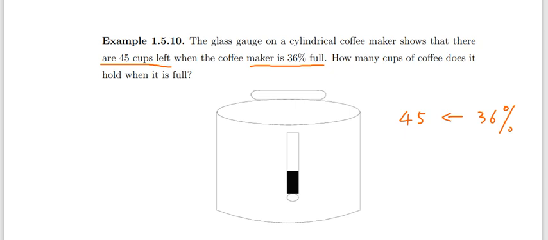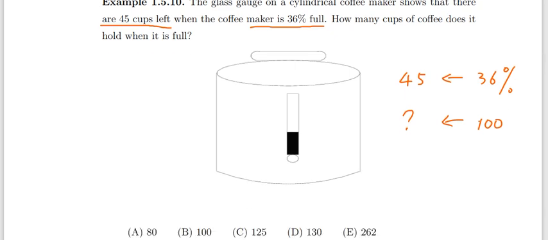So we want to find this. So how about 100 equals that? The problem is just like that, right? So this is a ratio problem. We can use 45 over 36 equals x over 100.